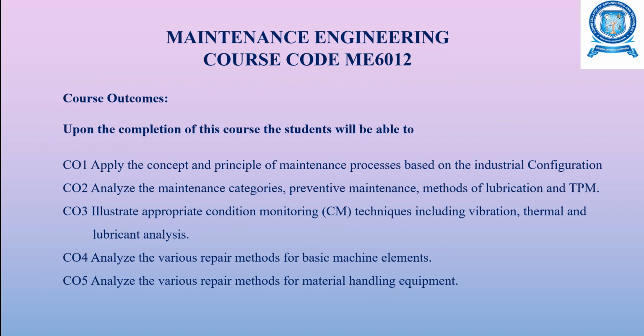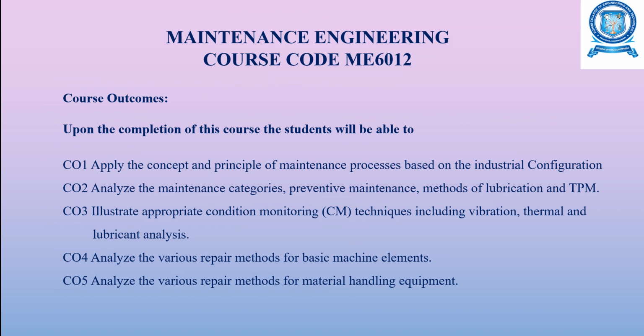And the course outcomes. So the students, upon completion of this course, will be able to apply the concept and principle of maintenance process based on the industrial configuration from the first unit. And the students will be able to analyze the maintenance categories, preventive maintenance, methods of lubrication, and TPM from the second unit.